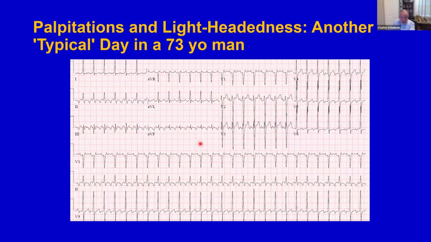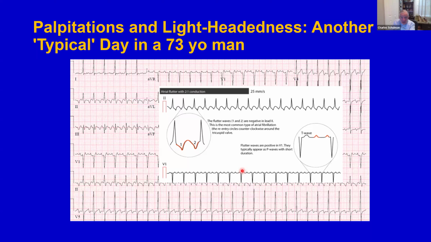Here he is with 2-to-1 conduction, right? So you can see here's a P, P, P, P, okay? And a heart rate of faster than 150, probably 170. Okay, and here you see what are called flutter waves.